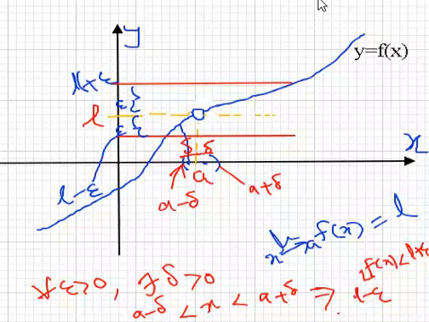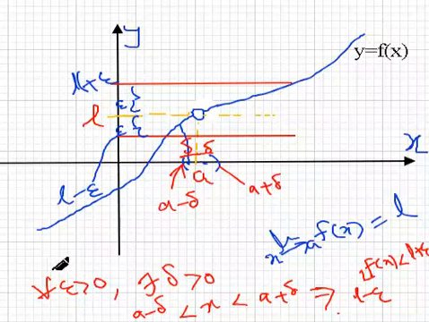So what does this mean? If the limit of the function at a is L, that means if you are given any strip around L, the size of this strip can be anything, right? It could be a very small positive number or bigger, any positive number.